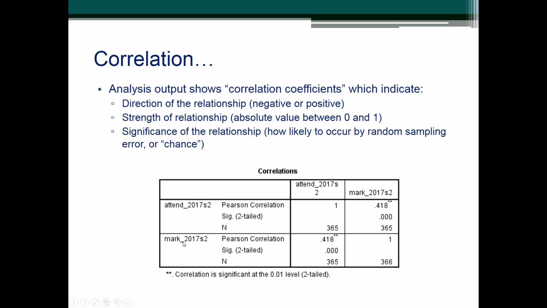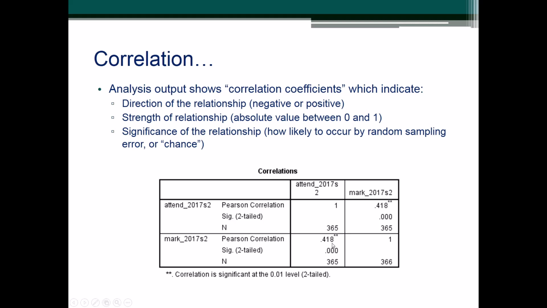What we're really interested in is the correlation between the marks that people achieve and their overall attendance. So it'd be this cell. Or we could look at that cell, it's the exact same thing. This first row corresponds to our Pearson's correlation coefficient, and this tells us the direction of that relationship. So you can see this is a positive number, so it's a positive relationship, and it's a moderately strong relationship.